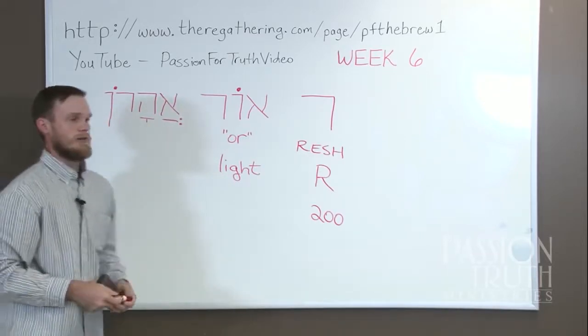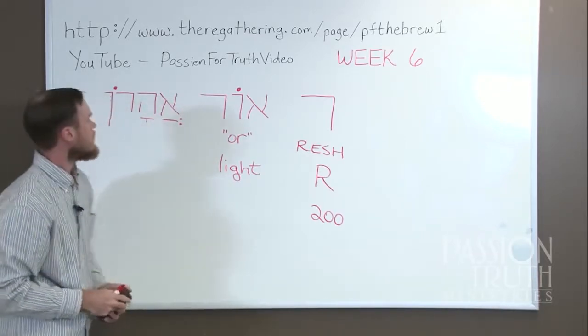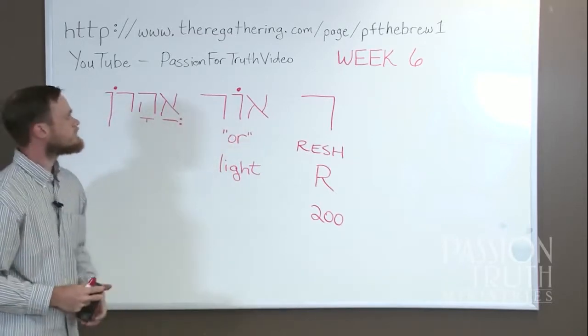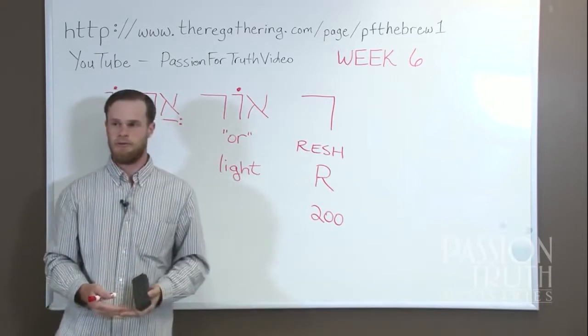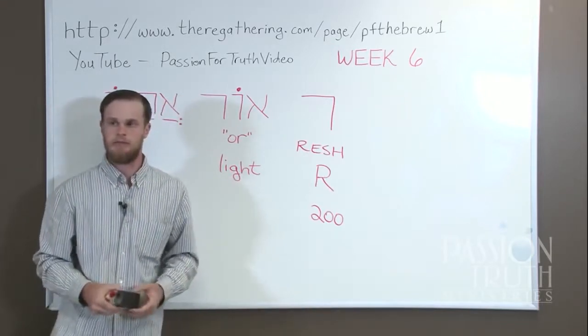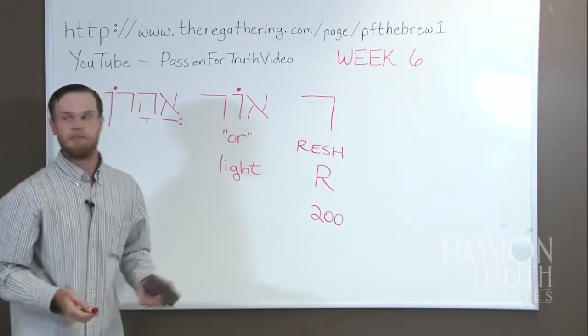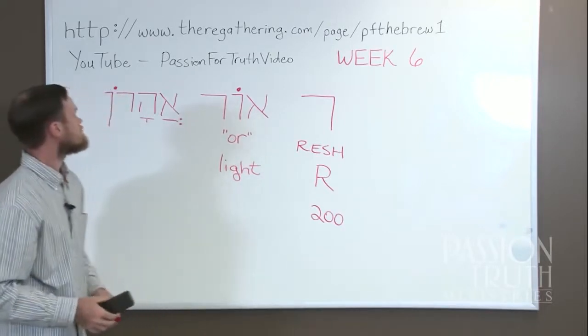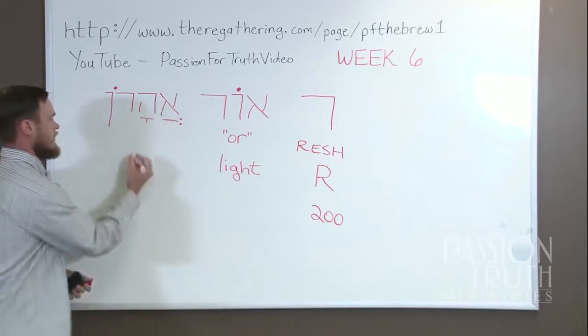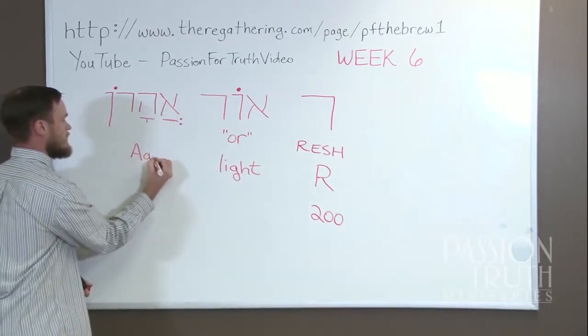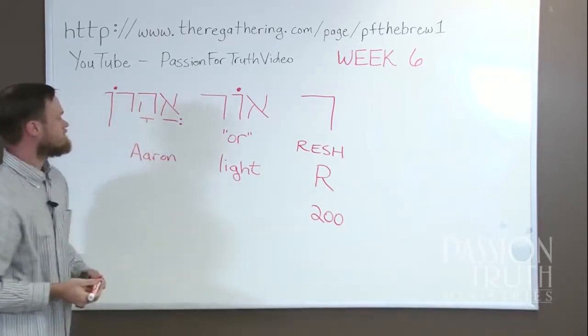Aharon, okay, the brother of Moses, the first high priest. It's thought to come from or. So it would mean enlightened one or something to that effect. Or the light bearer, maybe. And that is the name Aaron. Okay.